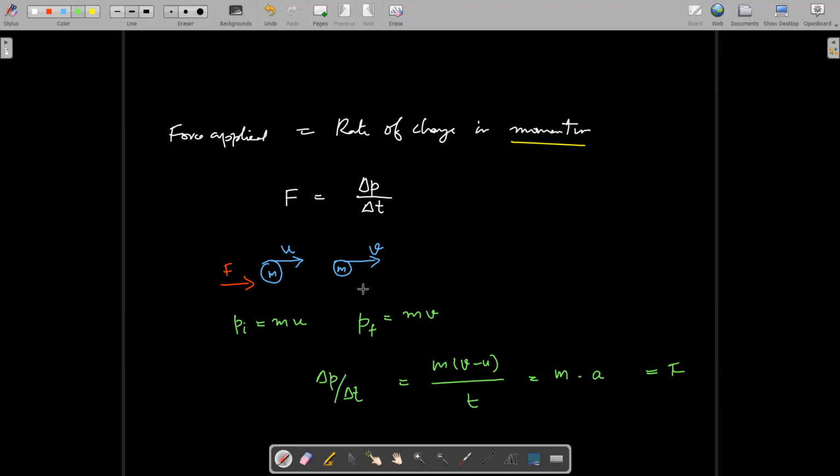Okay, again let's go back to the equation, that is delta p by delta t is equal to force applied. Here p is mv, or we can say delta p is delta mv, and this stands for both. ഇവിടെ mass change ചെയ്യുകയാണെങ്കിൽ എന്ത് സംഭവിക്കും?